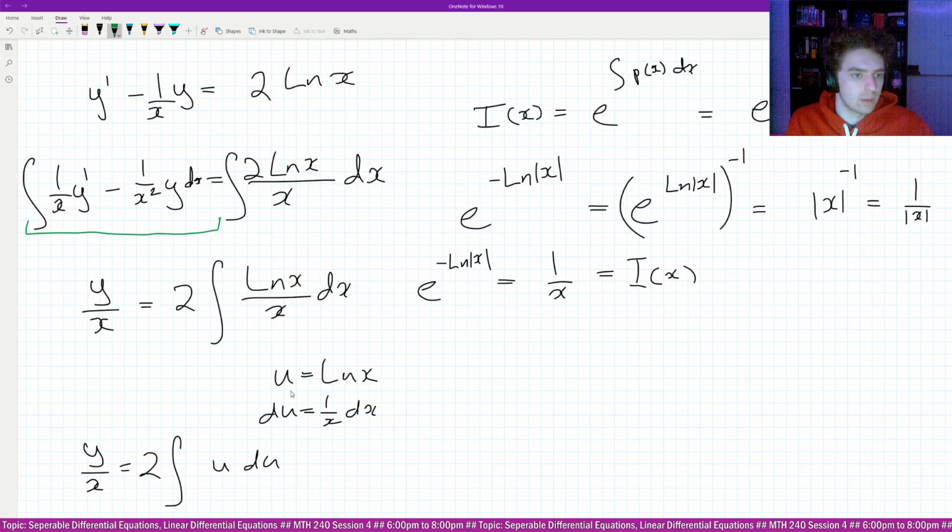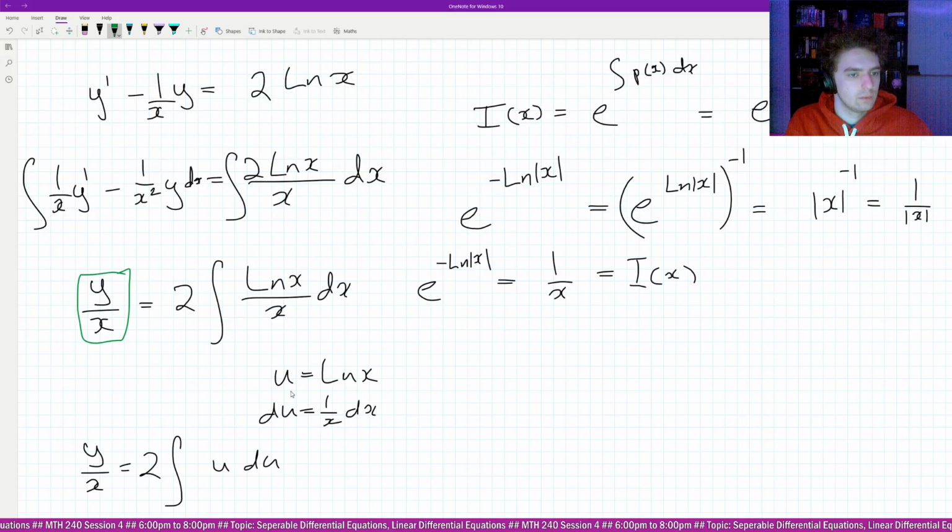So you always just take the two non-derivative things that are here and multiply them together. And you can check: if you take the derivative of this, you'll get the thing inside the integral. So this is correct.